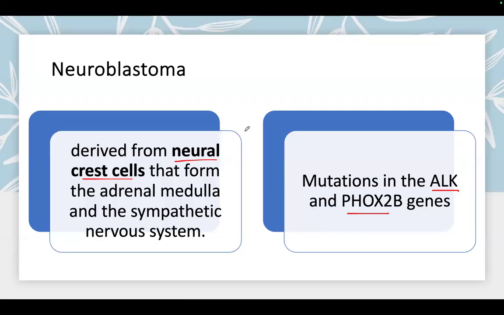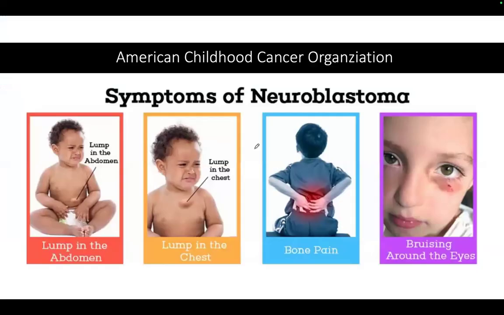These are the two gene mutations associated with neuroblastoma. So again, where does a neuroblastoma arise from? It arises from the neural crest cells, which can develop into the suprarenal medulla cells. And that's where it comes from.